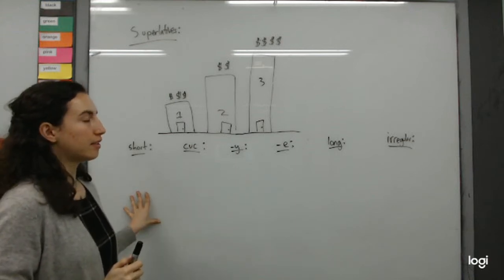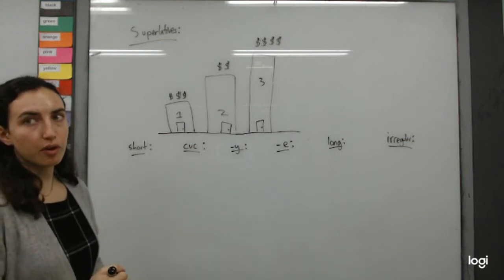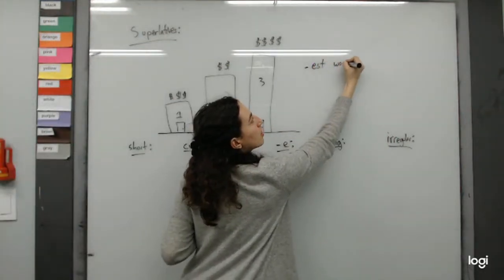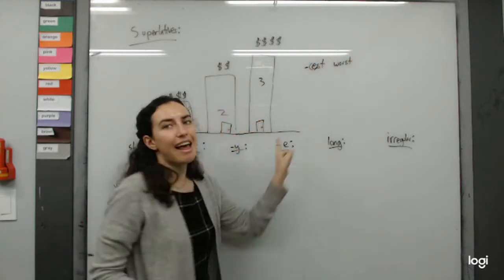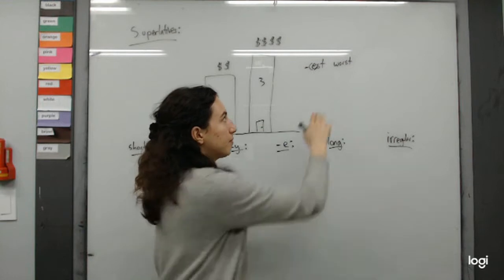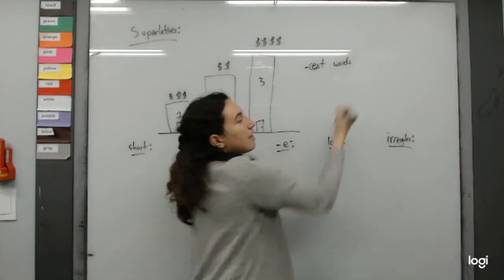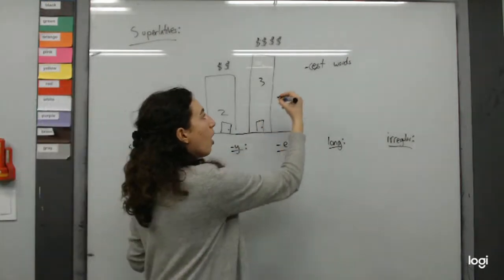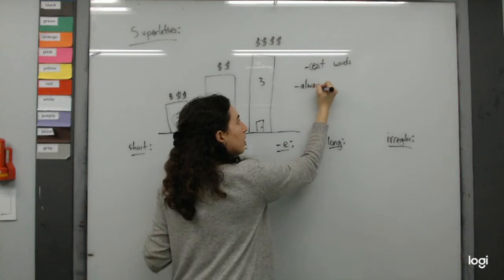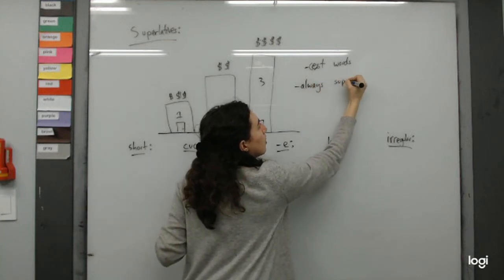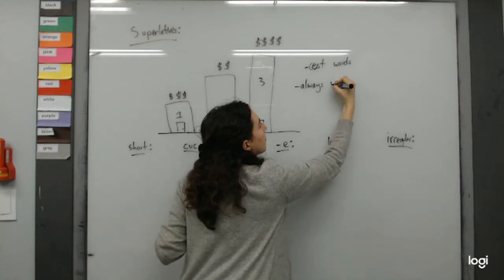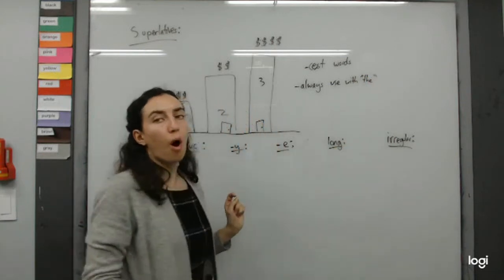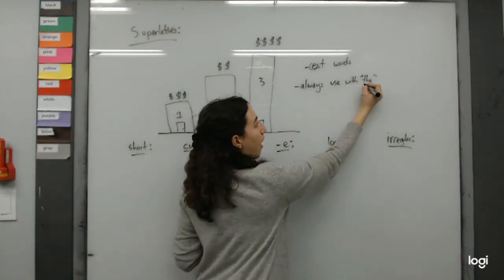Rules with superlatives. So, superlatives, you can remember, normally they are EST words, or actually ST words, we can remember. And we always use superlatives with the.